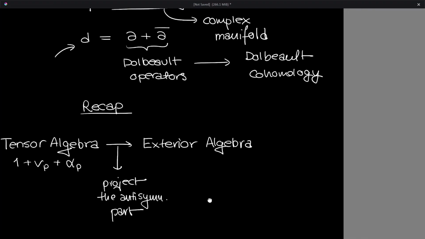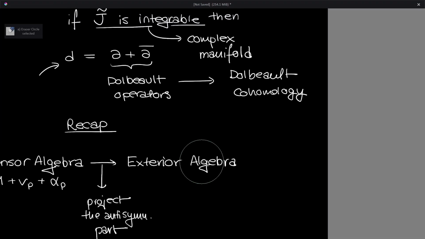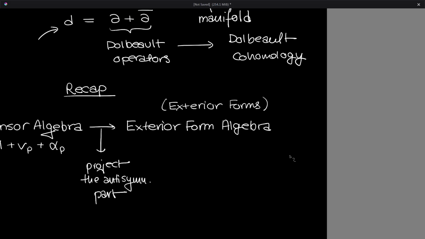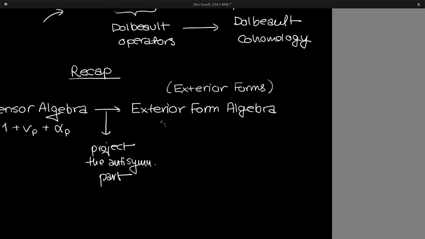That gives us an exterior algebra. Maybe we should specify that we are working with the exterior form algebra. And here's where we got exterior forms. To be specific, they're called exterior forms once you project down to the antisymmetric part. Before that, they're just forms.